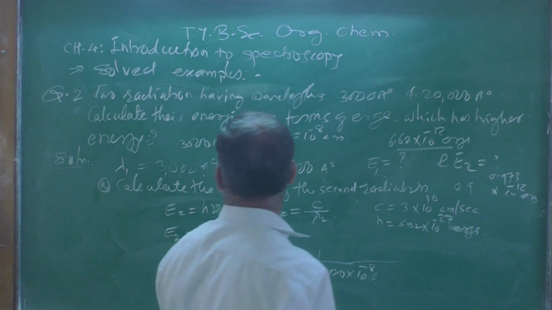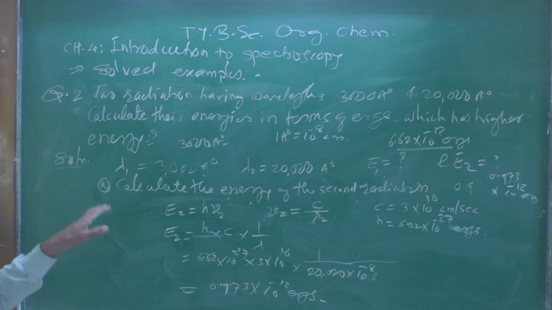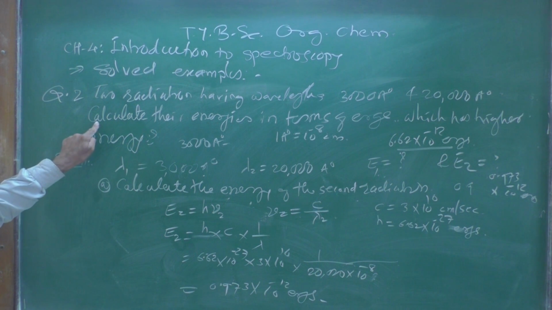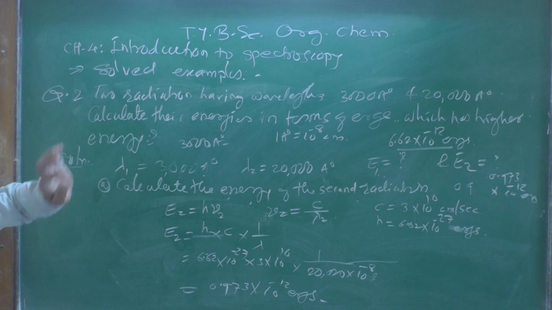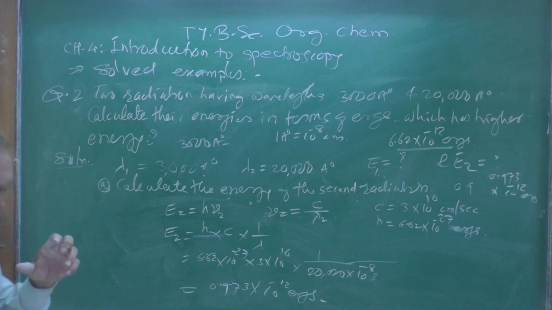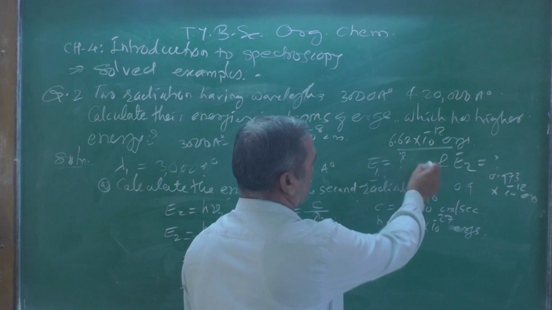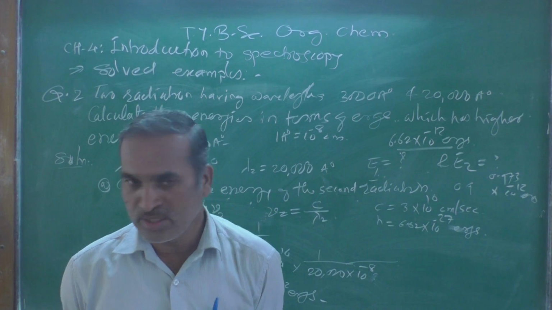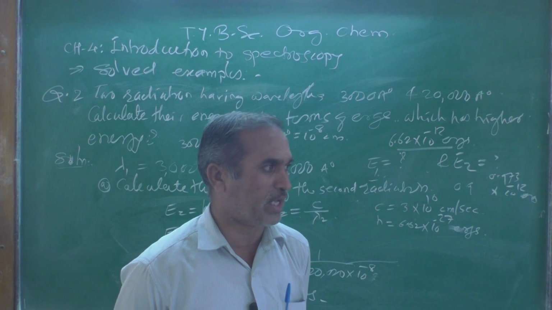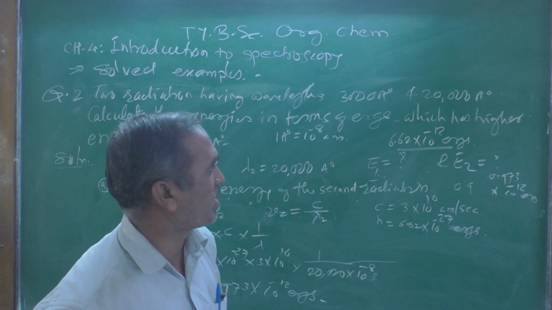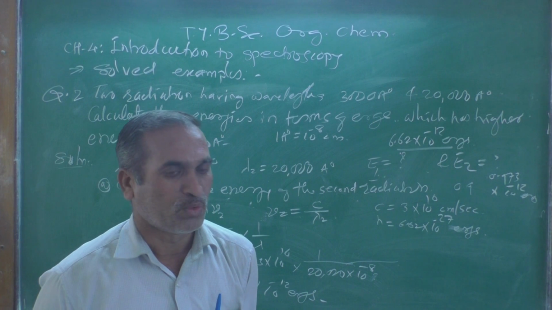So which one is higher? What they are asking here is to calculate their energies in terms of erg, and which has higher energy. If you compare these two energies, E1 as well as E2, what do you see?